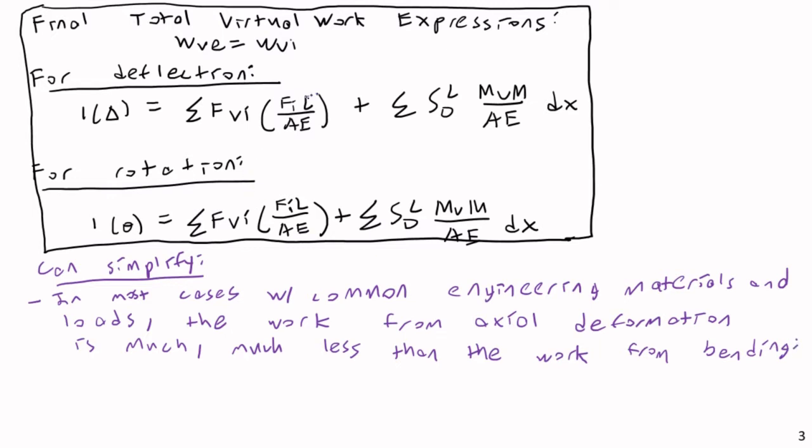So often we can neglect the axial terms here. And often for deflection, we can just say, again, 1 times delta is equal to the summation of the integral from 0 to L of mvm over AE.